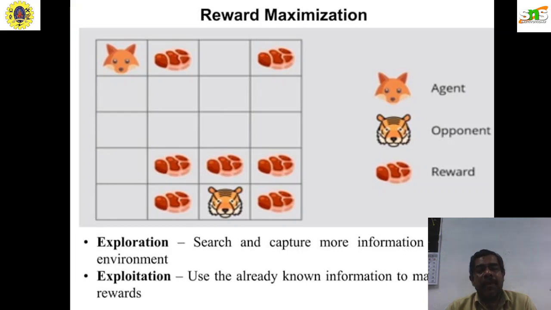One is called exploration, which means to search and capture more information about the environment. The number two is called exploitation. Exploitation means using already known information to maximize the rewards. I already know what is next for me, but in order to maximize the rewards, we have to go with exploitation. So, exploration and exploitation.